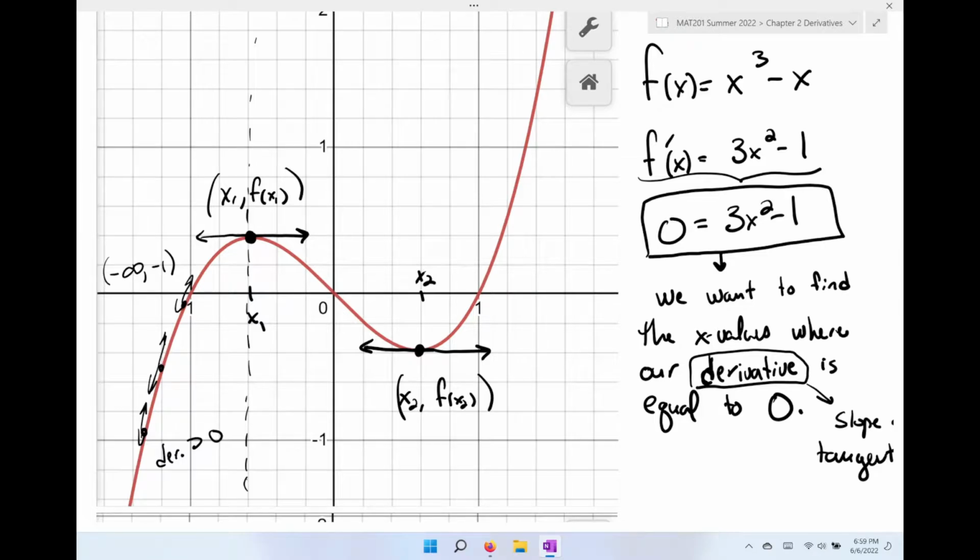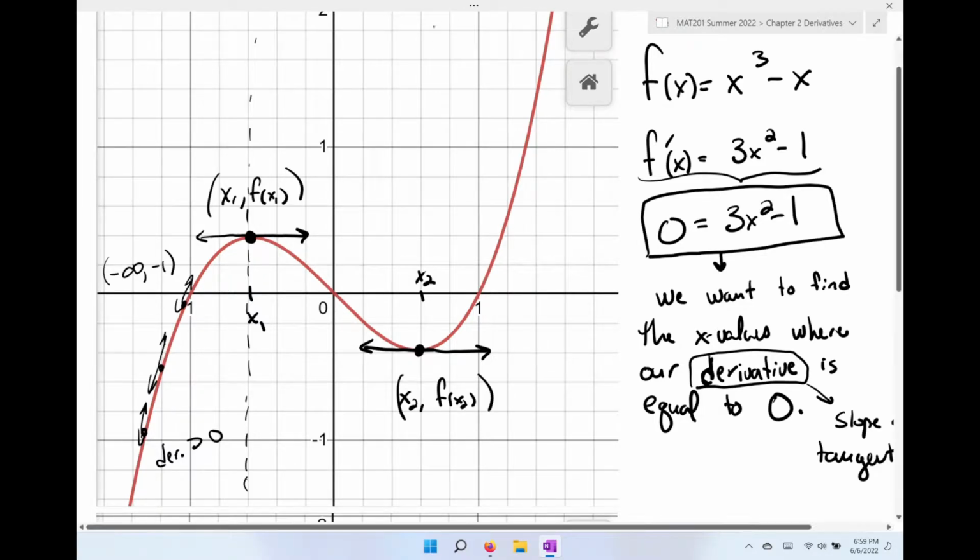Now, in between x1 and x2, I'm going to do the same thing with x2 here. I'm just going to lightly draw a dotted line. Let me get rid of my points here, we don't really need them anymore. So in between x1 and x2, let's write the interval x1, comma, x2.